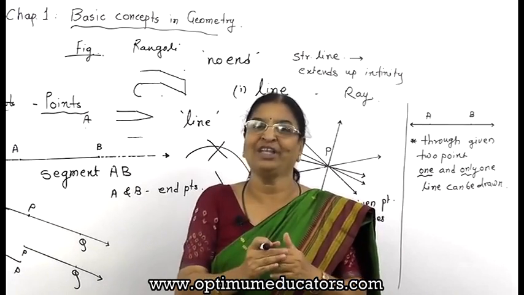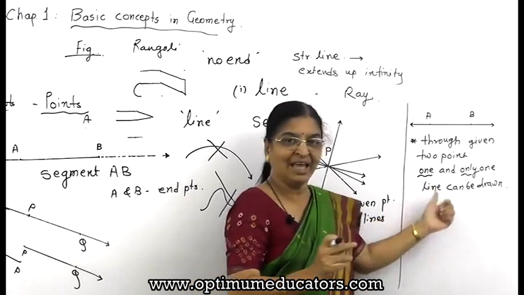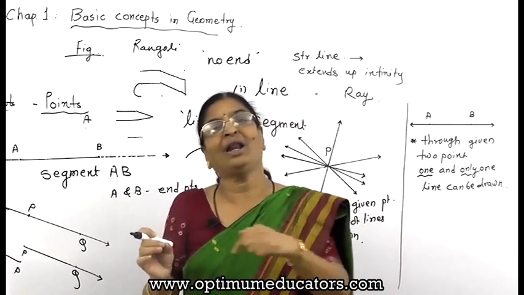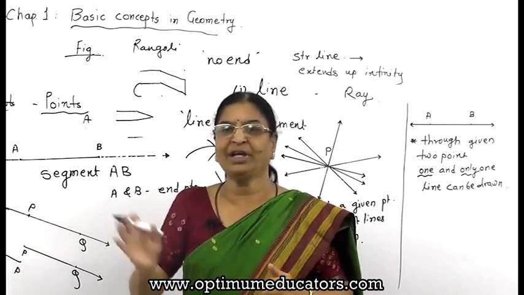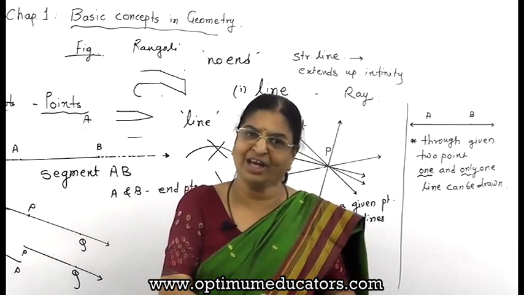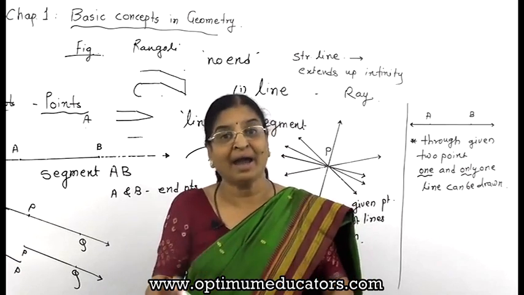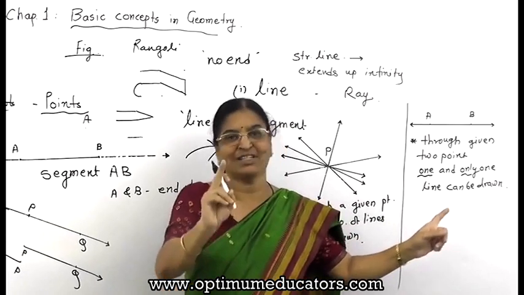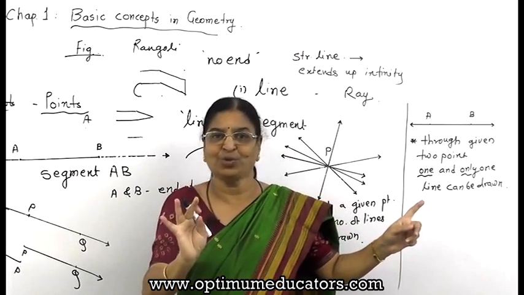And to join these 2 answers, I will say there are no 2 points such that I cannot draw a line passing through them, whether it is far away or very near to a given point. I can draw a single line. That is, I must draw a single line passing through these 2 points.